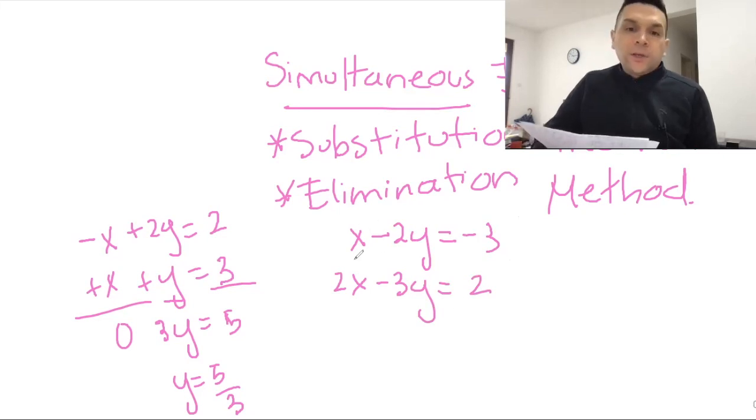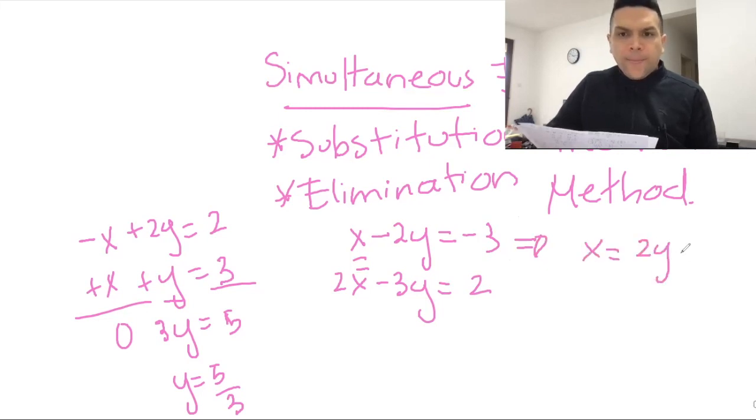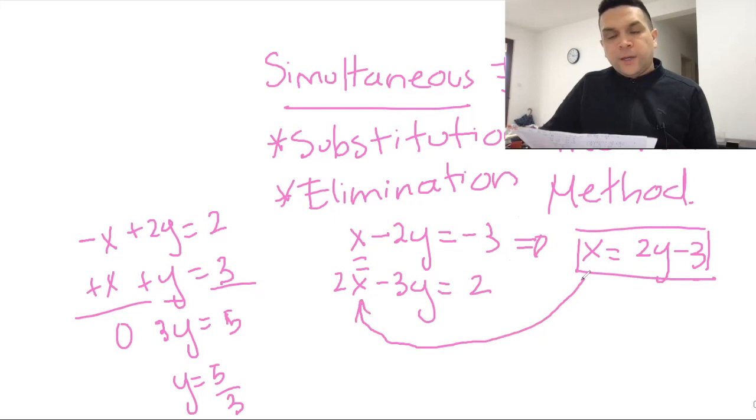Yeah, we can isolate this x, right? And this would become x equals 2y minus 3, right? 2 times y minus 3. And then we can take this and plug it in here, right? Bring it here and find the value for y.